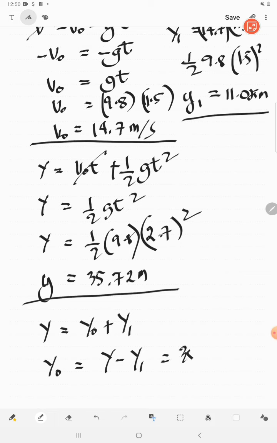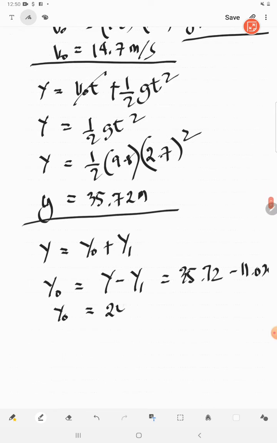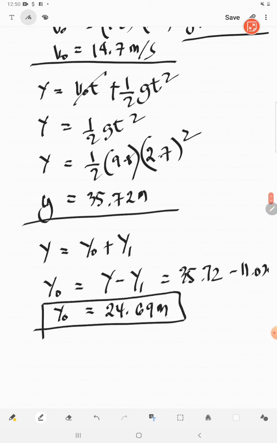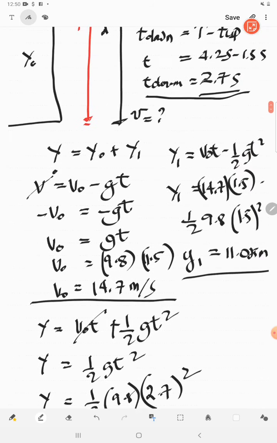Y is 35.72 minus 11.025. Therefore, your y naught is simply equal to 35.72 minus 11.025. So the answer is 24.69 meters. This is the height of your building.